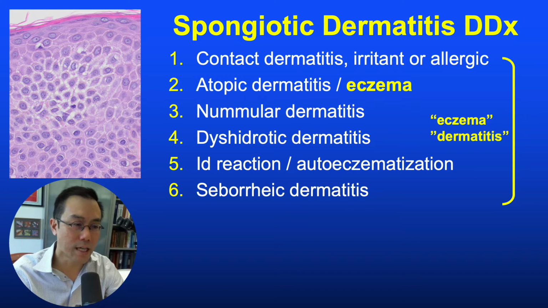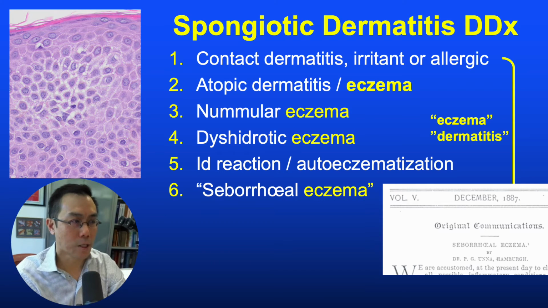There may be more precise usage by individual providers, but in the aggregate of the healthcare world, these terms are sometimes used to designate one of these entities, or they're just used interchangeably. And personally, in my experience, atopic dermatitis is the most likely to simply be designated eczema, but certainly there's plenty of literature showing that any one of these entities will be called eczema, or sometimes the term eczema is just used to describe the whole group of disorders non-specifically when a more specific diagnosis is not available.